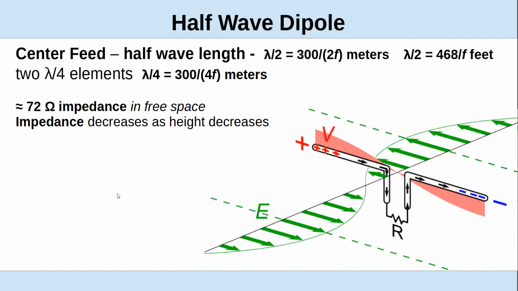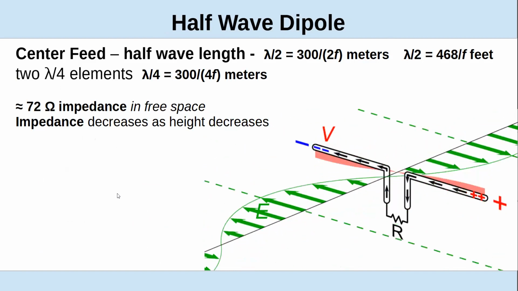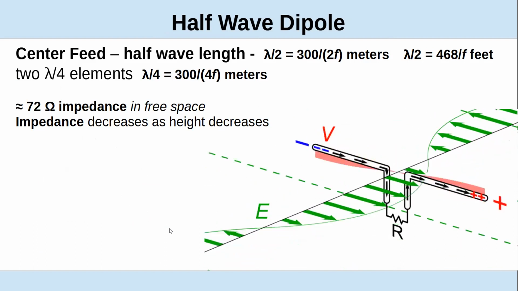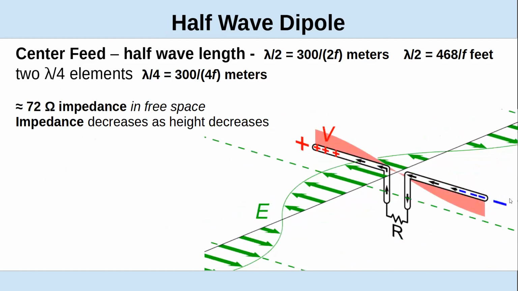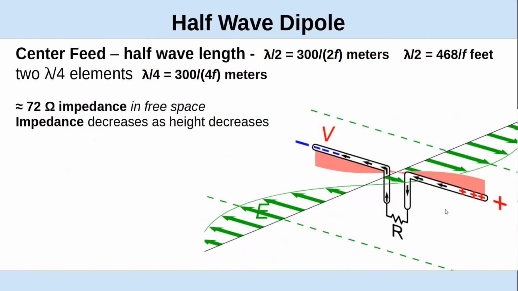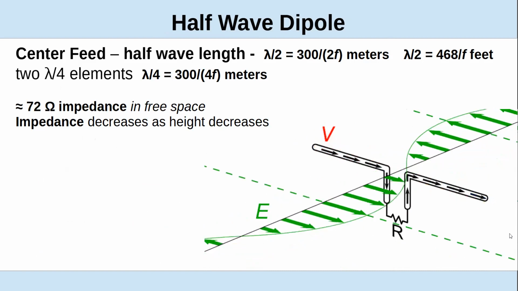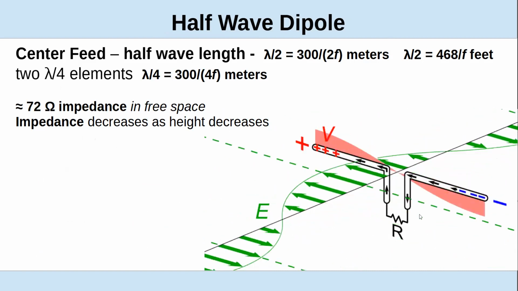Okay, here's a half-wave dipole showing kind of the radiation wave, which is partly showing the polarization. And you see that what we're sending is the E field.